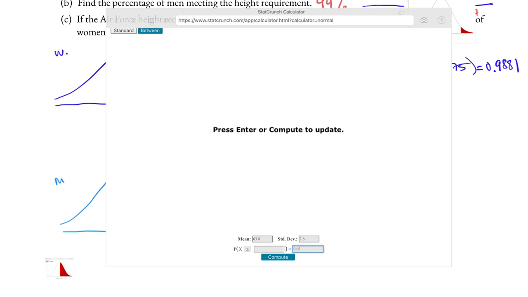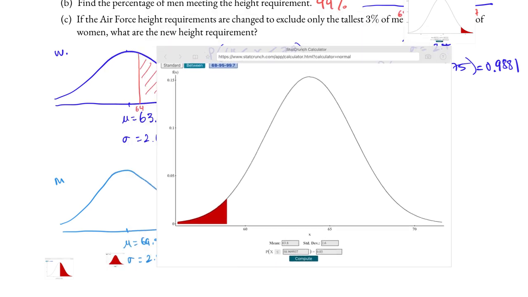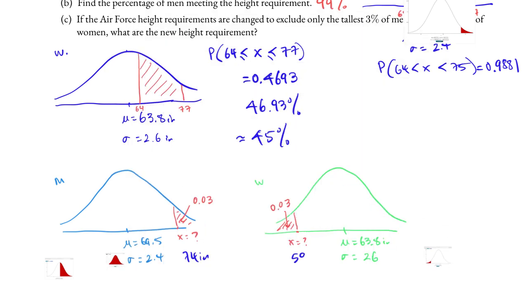Input 0.03 in the box after the equal sign and hit compute. The calculator will give us 58.91. We round it to 59. And so the height that will separate the bottom, or the shortest 3%, of the woman's height is 59. What that means is that, putting these together, we see that the new standards are the height between 59 inches and 74 inches.